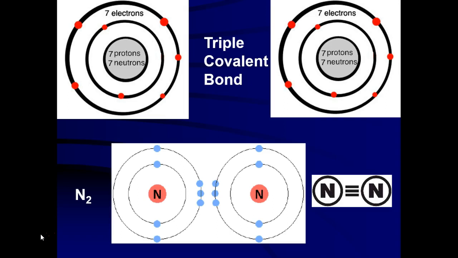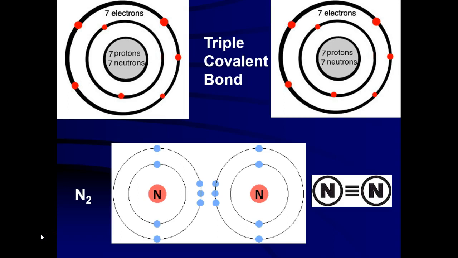Nitrogen has 7 protons and 7 electrons, so it's electrically balanced. It has 2 electrons in the first shell, so that's filled, but only 5 electrons in the second shell. It would really like to have 8. So each nitrogen needs 3 more electrons to fulfill the octet rule.